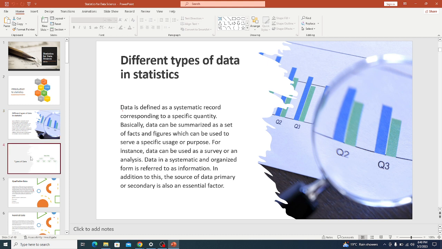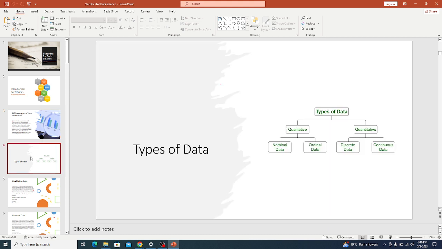So I want us now to go to the different types of data. I hope all of you have understood what data means, and from now on, in case someone asks you to define data, you can define it. Now let's go to different types of data.